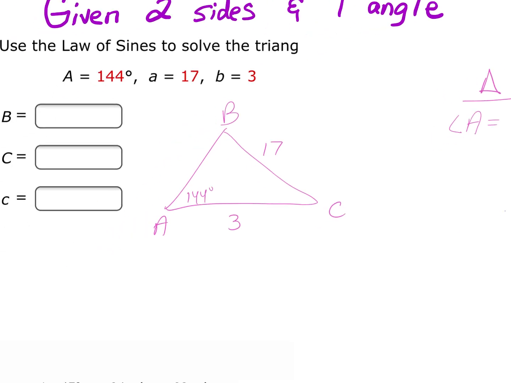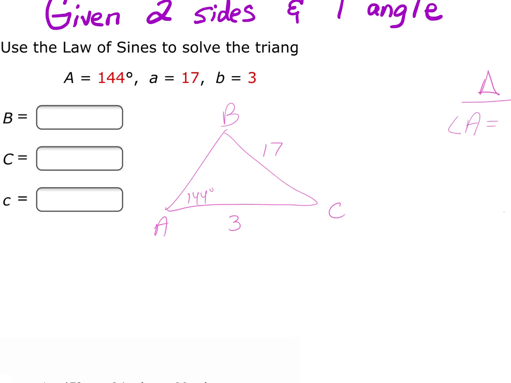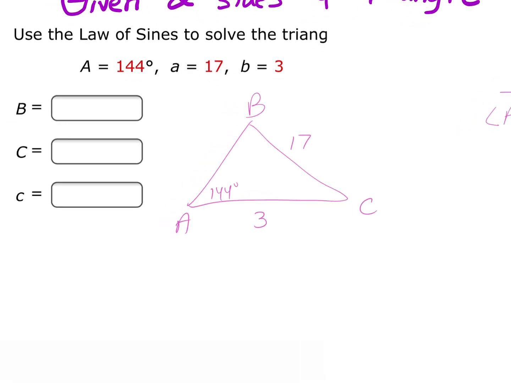Do I have a law of sines proportion that I can set up with the given information? Yes. I know that angle A is 144 and side a is 17. That's going to be true for all the problems we're going to solve here. What piece of information do I know? Side b.